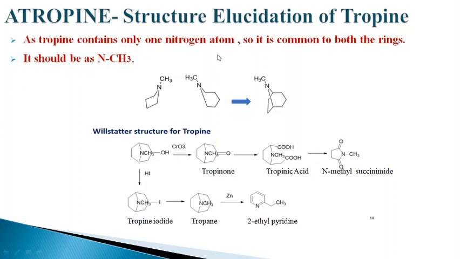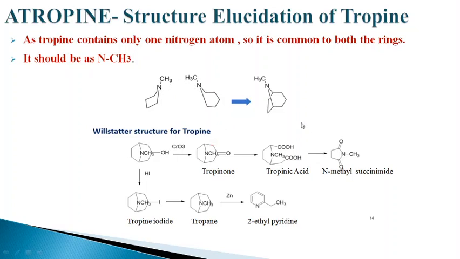So tropine contains only one nitrogen atom, which is common to both rings, and this nitrogen must also have a methyl group attached to it. So we can propose the structure of tropine. You see this 5-membered ring, 1, 2, 3, 4, 5, and this 7-membered ring, 1, 2, 3, 4, 5, 6, 7, with a methyl group common.